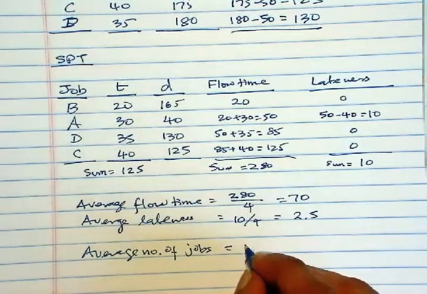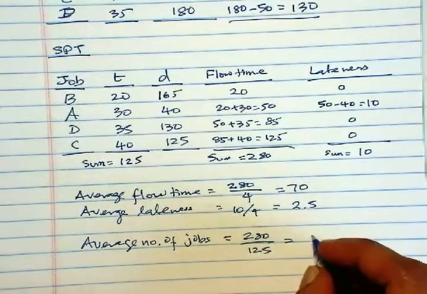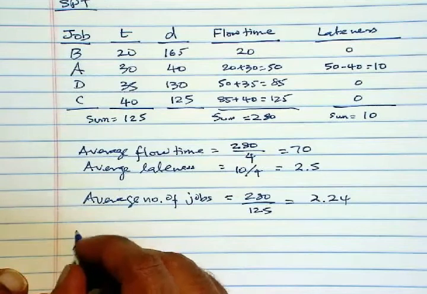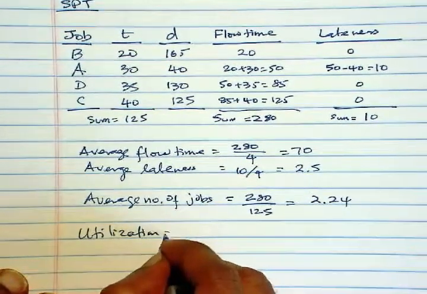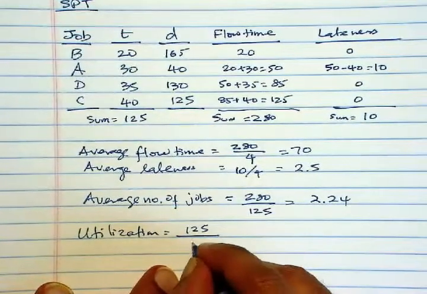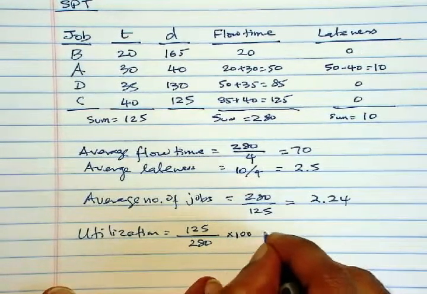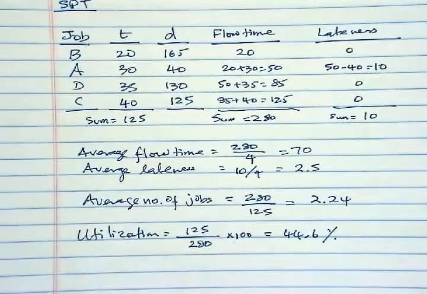So you go 280 divided by 125, so that will give you 2.24, and utilization is the sum of processing time divided by sum of flow time, and you express that as a percentage, so that will be 44.6%.